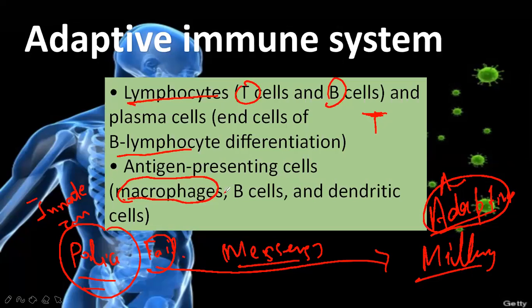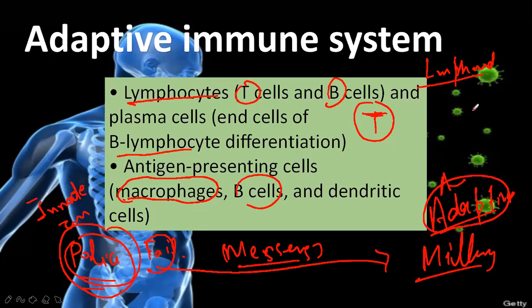So these macrophages and B cells give a message that something is wrong here. So who are the key players? The headquarters are the lymph nodes. Where is the army in your country? Just one city? No, they have headquarters in different cities, with the main headquarters in the capital.